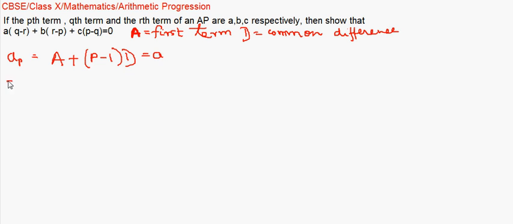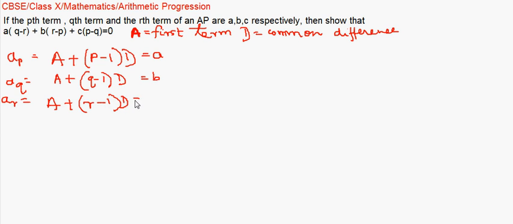Now AQ is again similarly A plus (Q minus 1) D. This is given to be b. And the third one, AR, is given as A plus (R minus 1) D, which is equivalent to c.